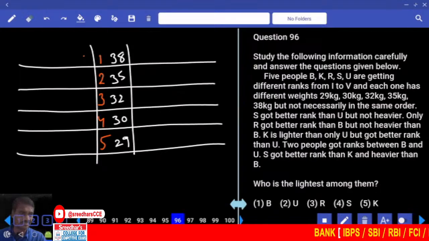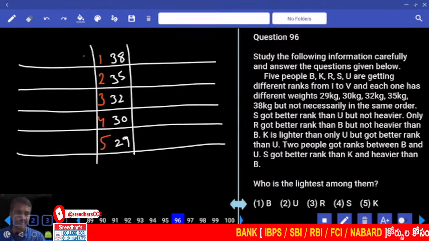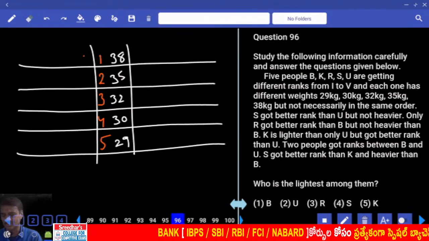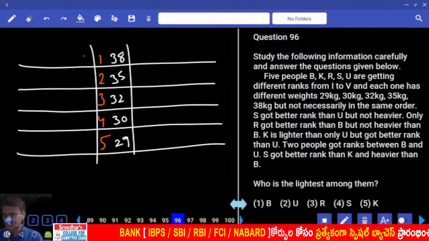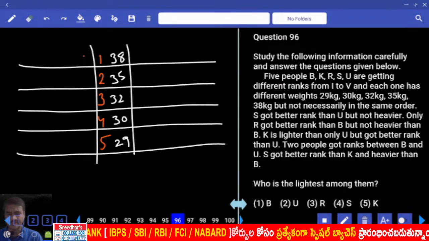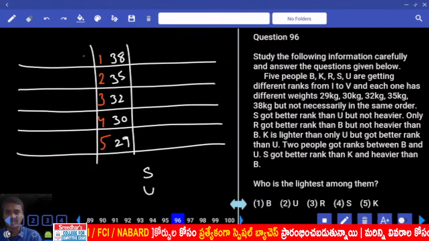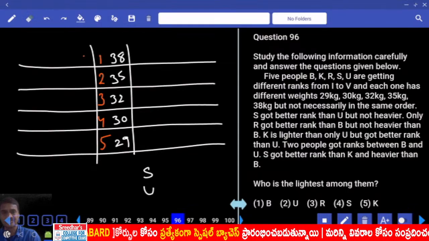5 people, different ranks from 1 to 5. Each one has different weights. S got a better rank than U. S got a better rank than U, but is not the heaviest, and S cannot get the first place.